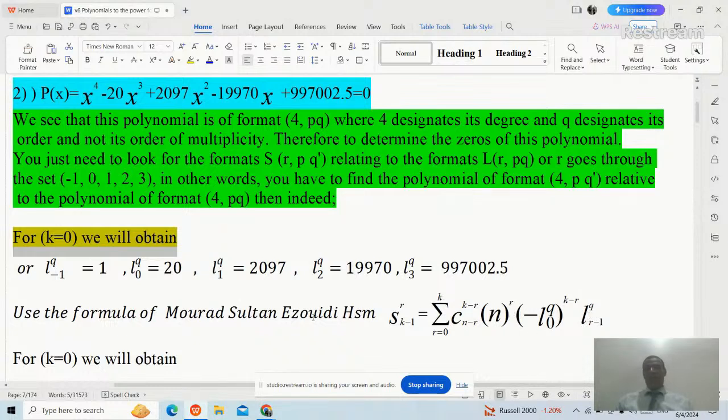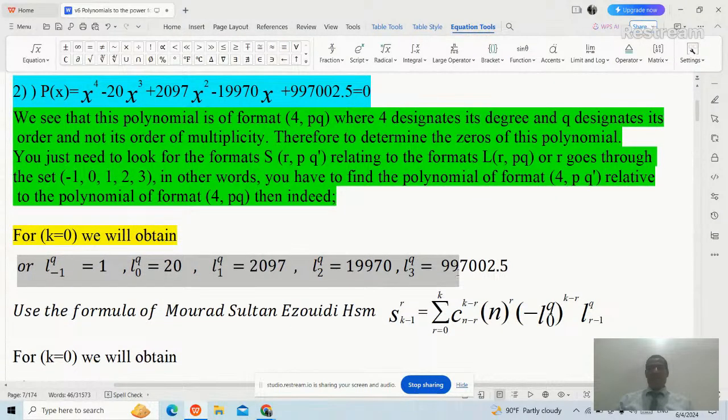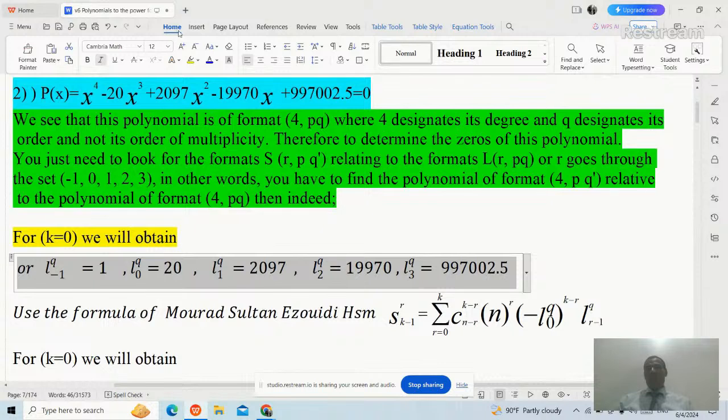This is the coefficient of our polynomial to the power 4.